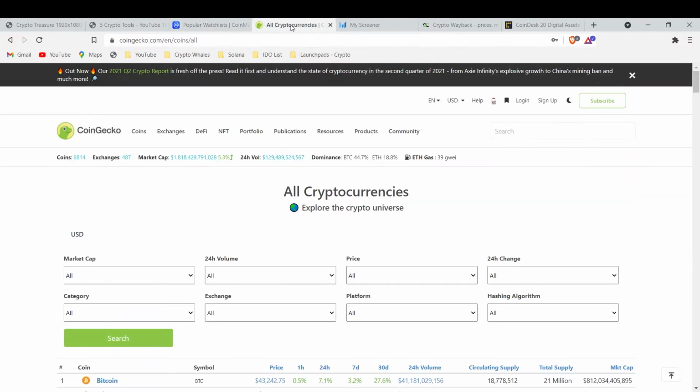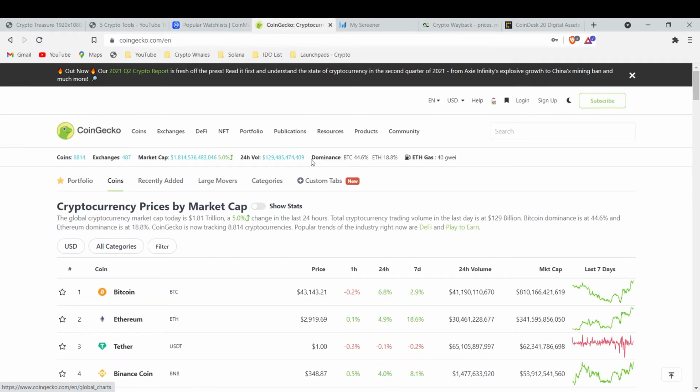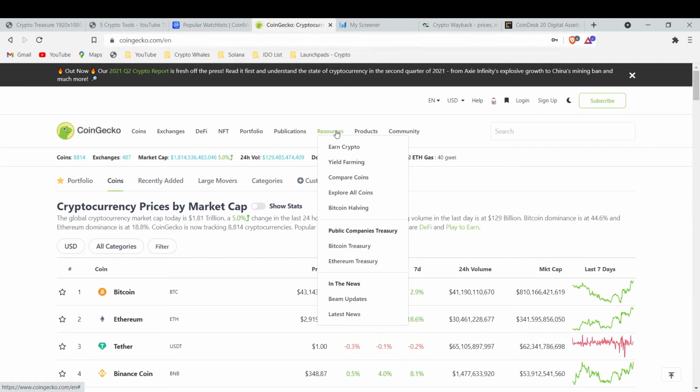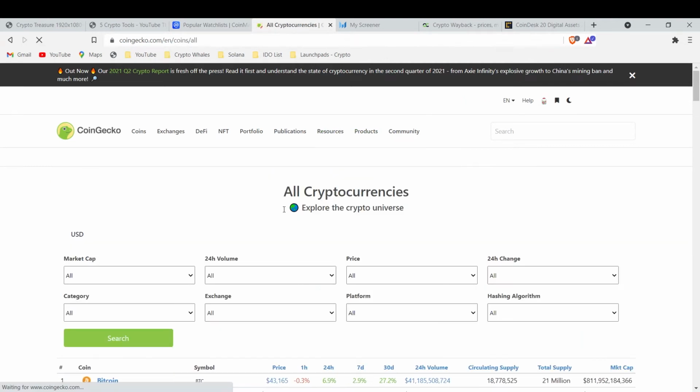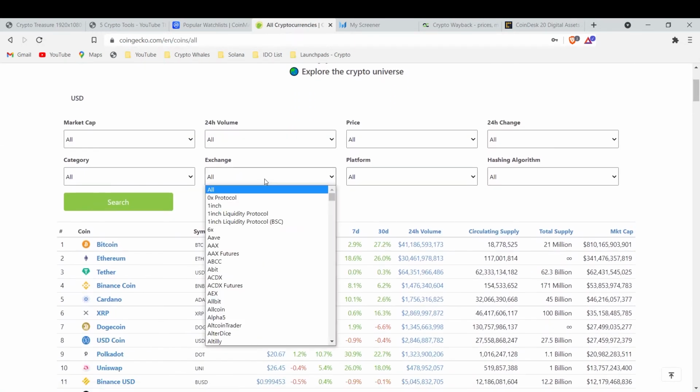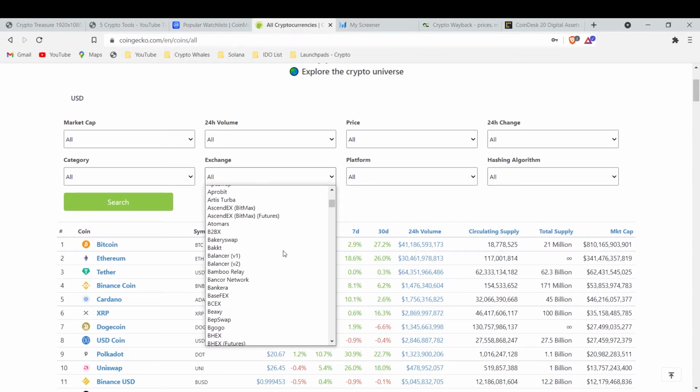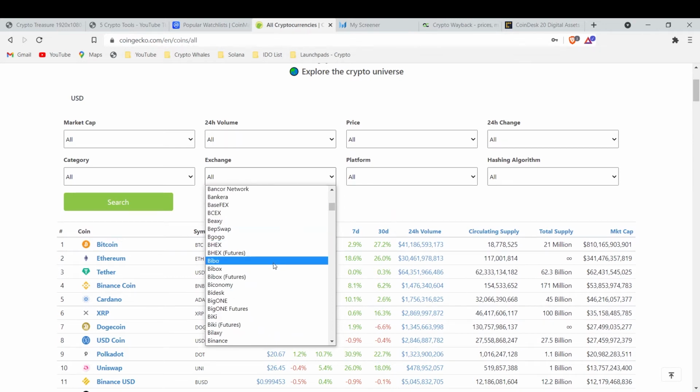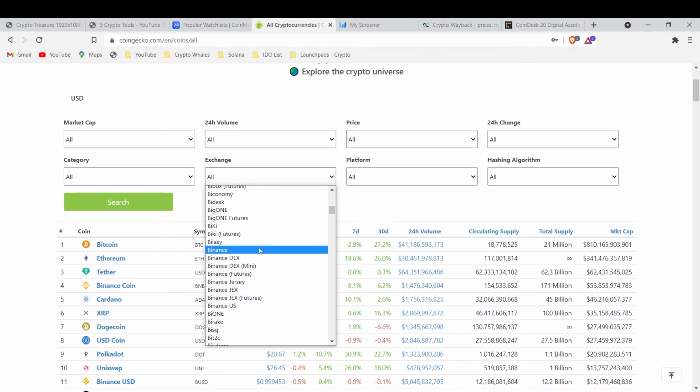The second one is Coingecko. Very much like Coinmarketcap, we can actually look at cryptocurrencies in terms of prices, changes, volumes, market cap. But Coingecko also has other things that are unique to it, such as when you go to resources and look at exploring altcoins and the exchanges, you can have a look at which exchanges have what coin that you may want to buy.